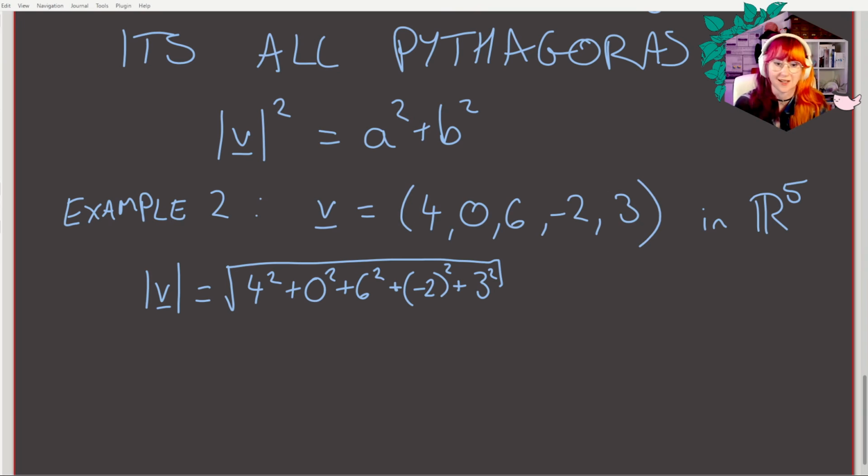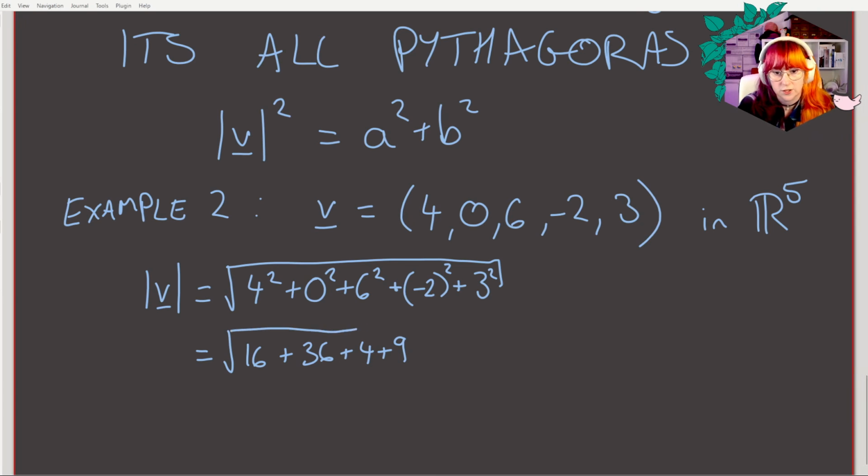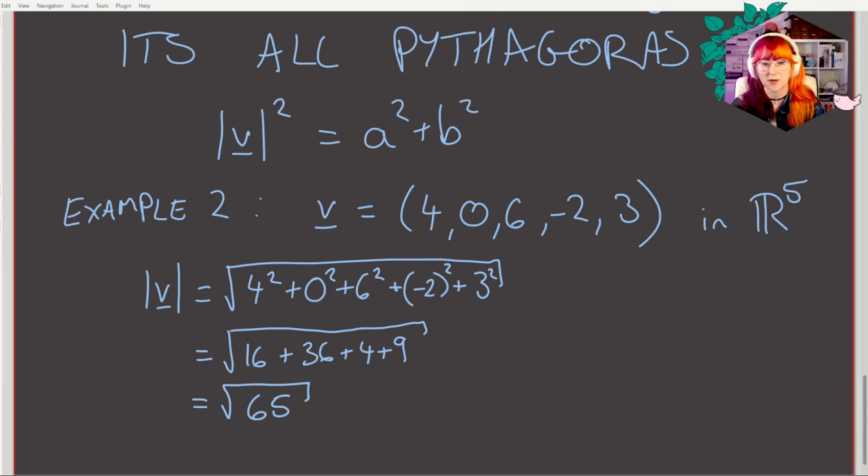We just care about size. So here, this is 16 plus 36 plus 4 plus 9, which is going to give us 65, which we could do something intelligent with, but I'm not going to. I'm just going to leave it as 65 for the minute.